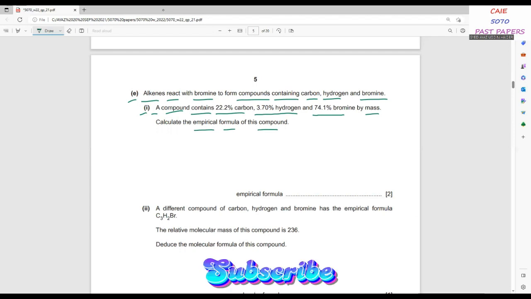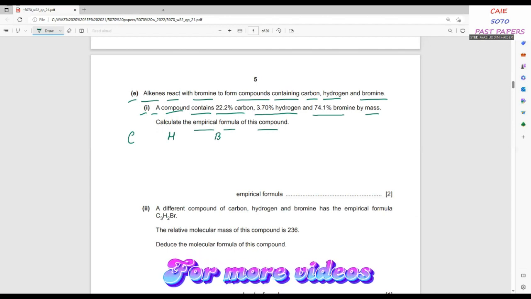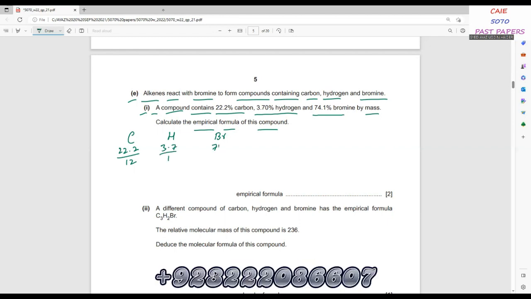We need the Ar of carbon, hydrogen, and bromine to carry out this calculation. So you'll write carbon, hydrogen, and bromine. For carbon, you have 22.2 divided by 12. For hydrogen, you have 3.7 divided by 1. Bromine should be 74.1 divided by 80.